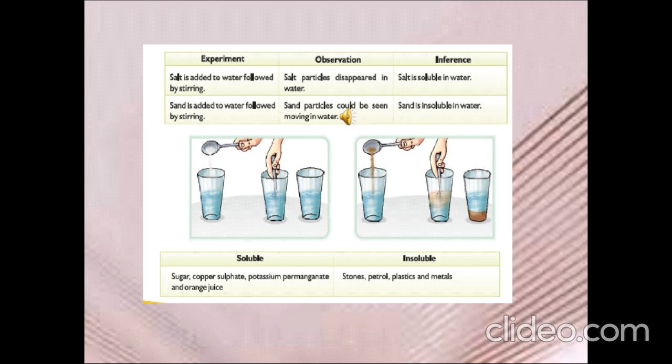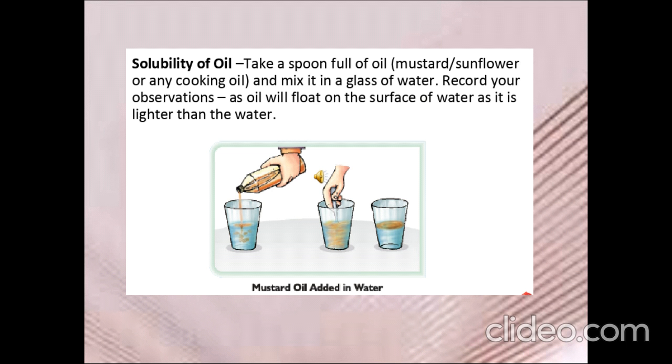And also the solubility of oil. If you pour some oil in the water, it won't dissolve easily. It starts to float on the surface of the water. This determines that it is an oil material, right?